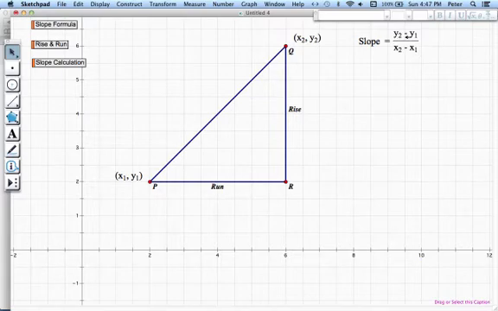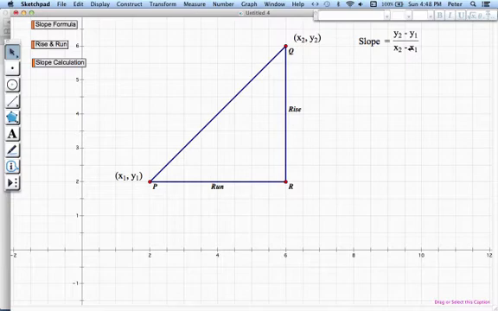So the change in the vertical would be in the numerator, and the change in the horizontal would be in the denominator. So to find that change, we simply subtract the y-coordinate of P from the y-coordinate of Q in the numerator, and the x-coordinate of P from the x-coordinate of Q in the denominator. That will give us rise over run.